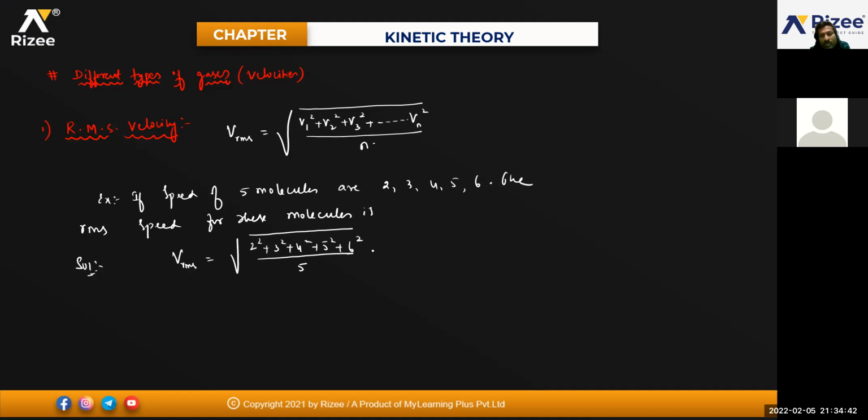That is 5. So that will be the root of 2 square is 4, 3 square is 9, 4 square is 16, plus 5 square is 25, plus 6 square is 36, divided by 5. The sum is 4 plus 9, 13, plus 16 is 29, plus 25 is 54, plus 36 is 90.